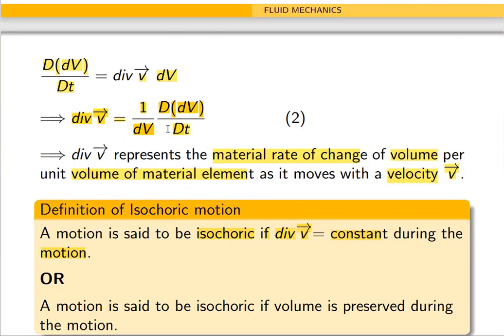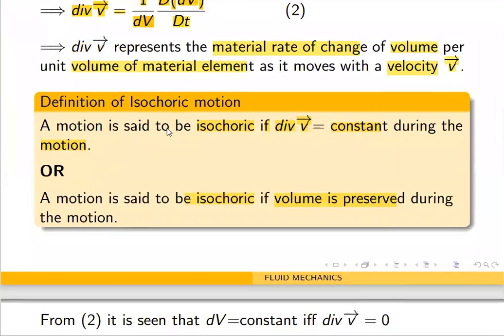So a motion is isochoric if divergence v is zero. That means d by dt of dV is 0, so dV is constant. So using equation 2, volume is preserved during the motion. Iso means same, choric means volume. Same volume. A motion is said to be isochoric if the volume is the same during the motion, or volume is preserved during the motion.